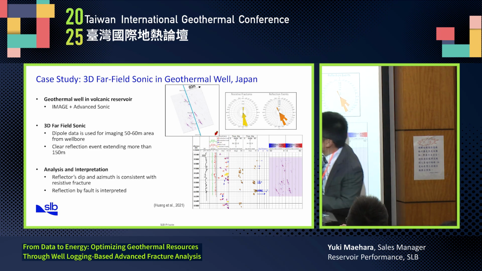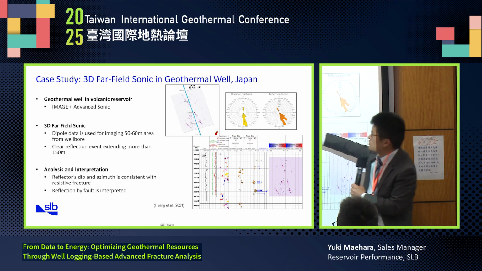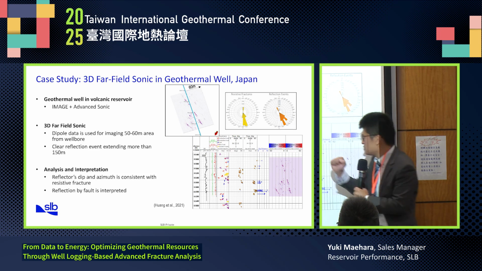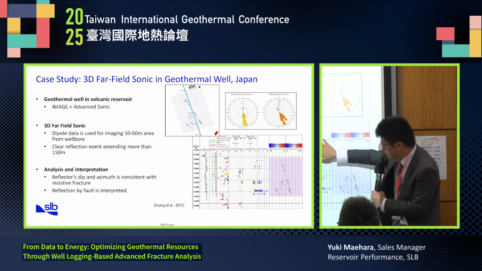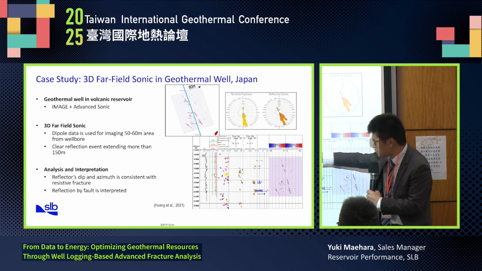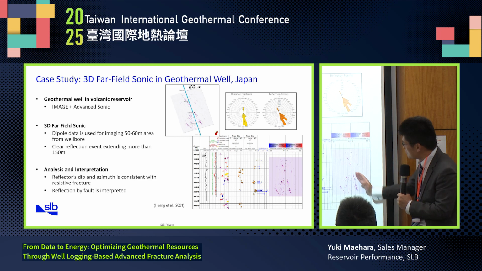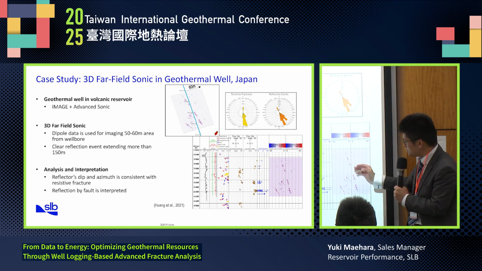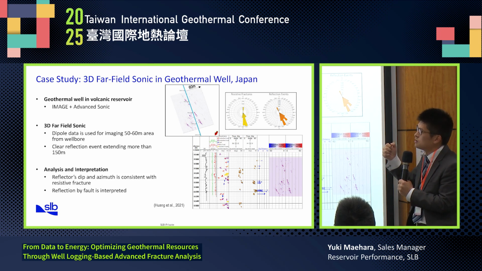And then you see a very clear reflection event, and this is basically the measurement and result, right? And then by having it together with fMRI, borehole image log analysis result, we interpret this. This is basically like a fault, and the previous fault composed of ancient era fractures.